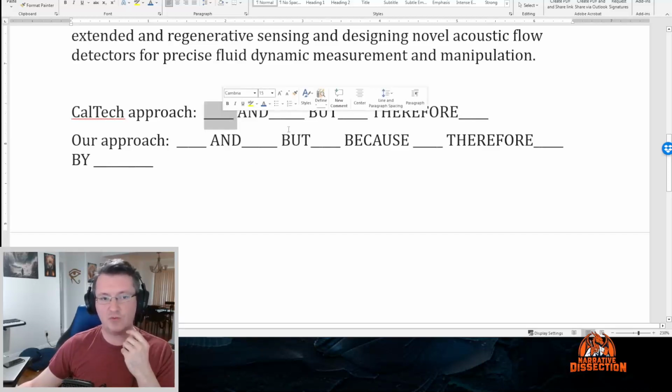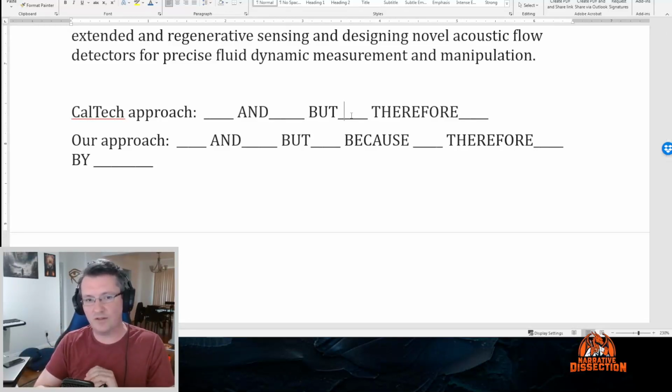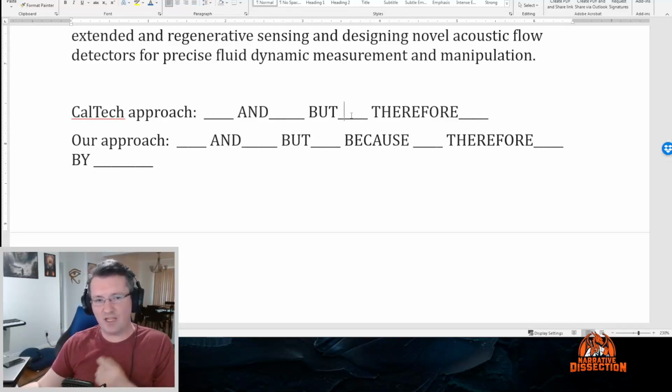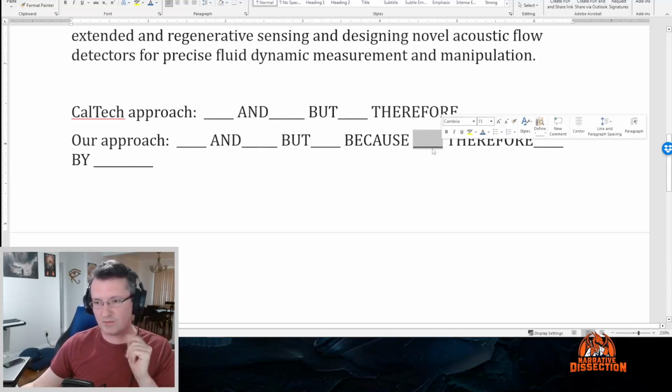She took it to a really basic blank, but blank, therefore blank, trying to fill this one in. And just by doing that, she wasn't able to make that logical jump to figure out what the but should be. But for me, getting the and figured out and the because, which I think was pretty clear in this original abstract, then you're able to make that final leap of logic.